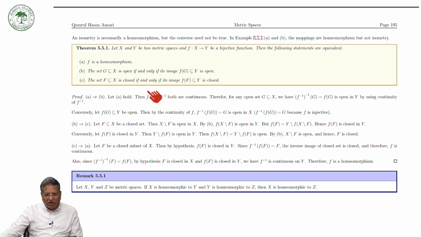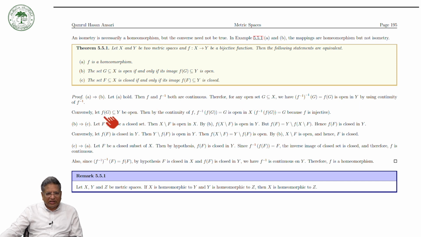The inverse image of G under f inverse is equal to f(G). Because G is open and f inverse is continuous, the inverse image of an open set is open. So f(G) is open in Y.